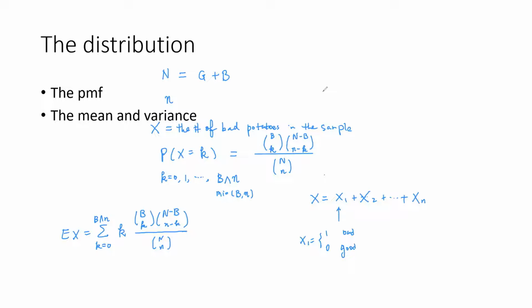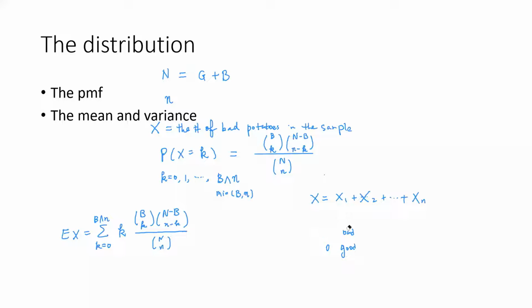However, they're not independent. For example, if the first potato is bad, then the probability that the second potato is bad would depend on the first one. Probably smaller. So they're not independent.